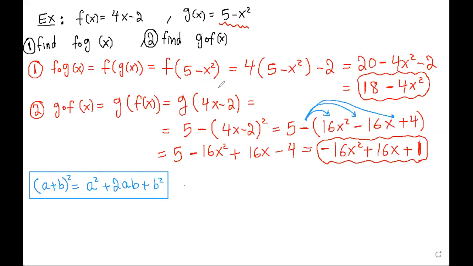Now let me give you another example. So the second example is for the composition of functions. Suppose f of x equal 2x minus 4, and the second function is g of x equal 3 minus x squared.